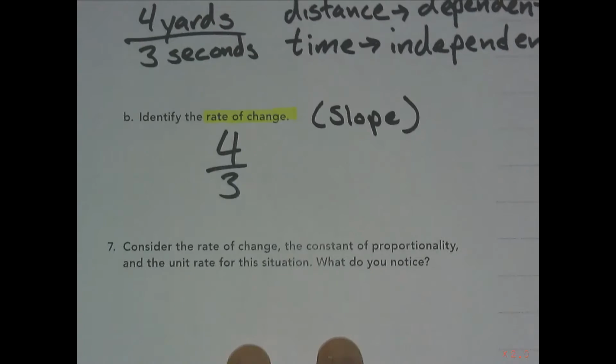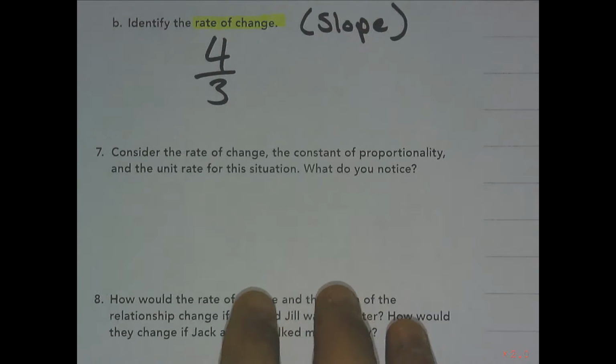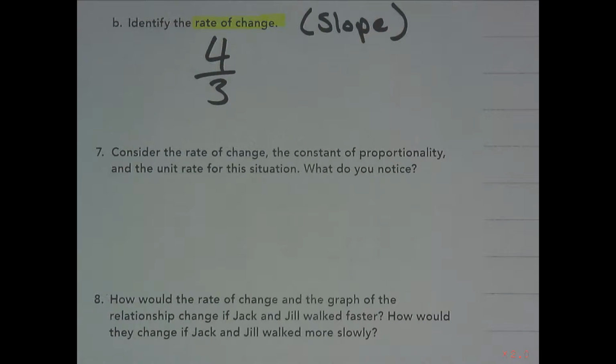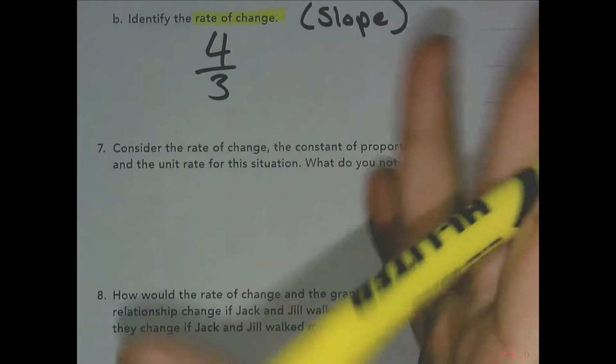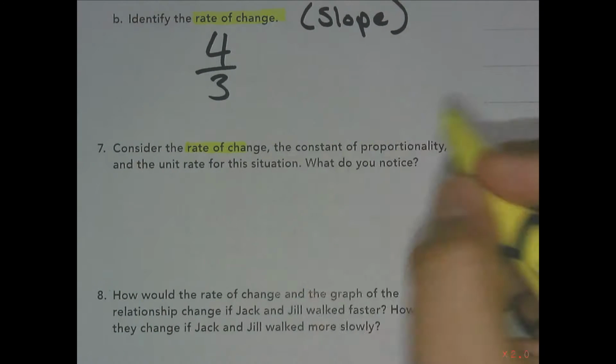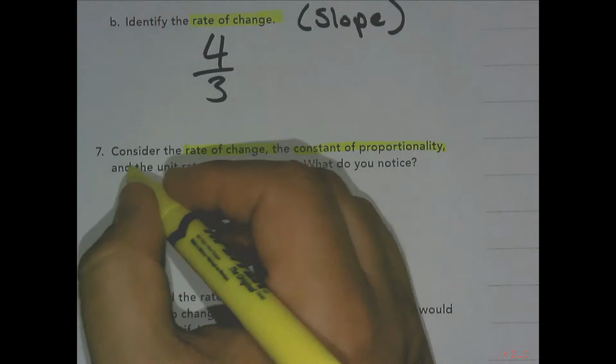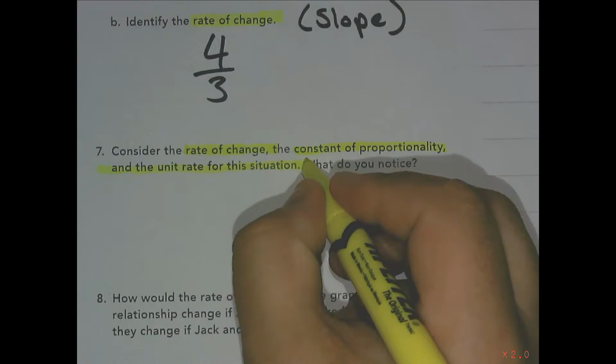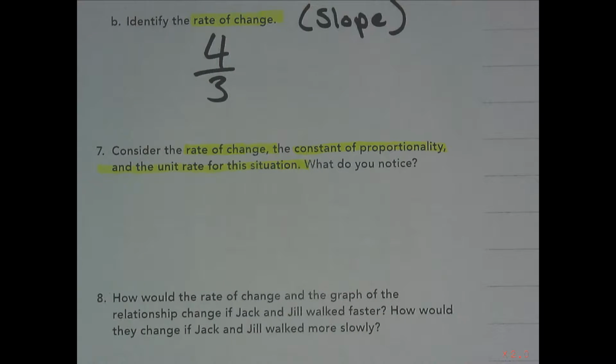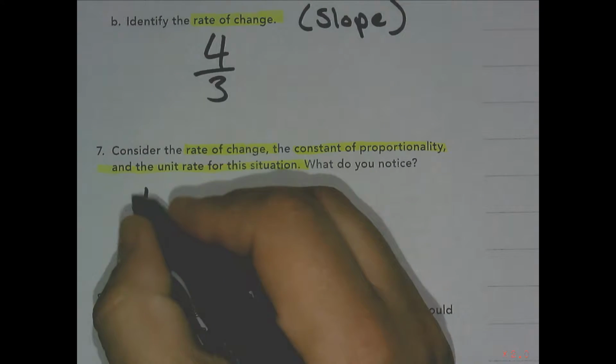So for question 7, what it says is consider the rate of change and the constant of proportionality and the unit for this situation. What do you notice? Well, what we notice is that the rate of change and the constant of proportionality are basically the same. And Carnegie calls it a unit rate. I don't know if I would call it a unit rate. I'd be very careful with that. But Carnegie is saying they are all the same.